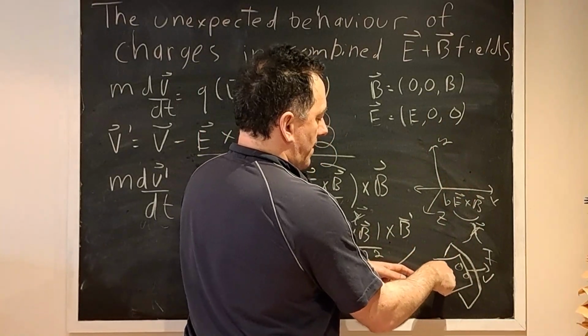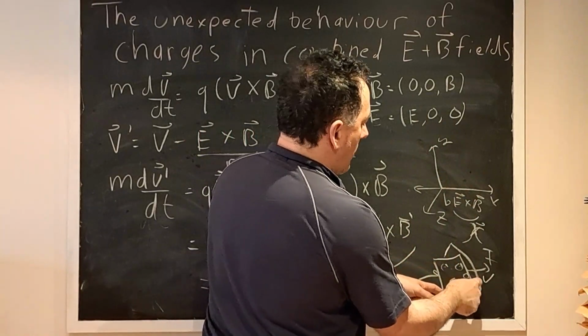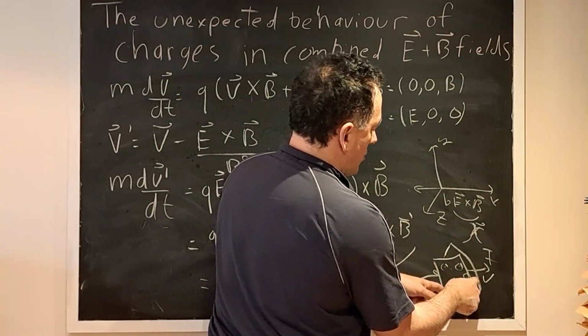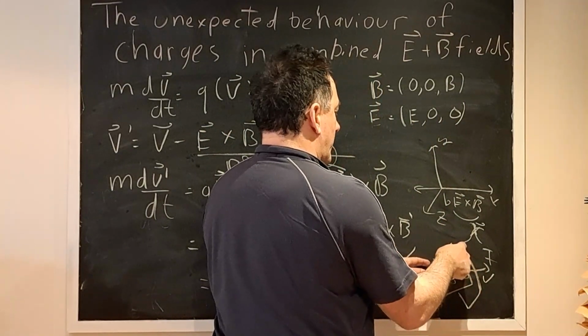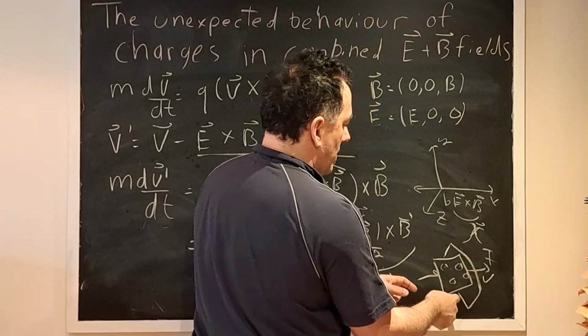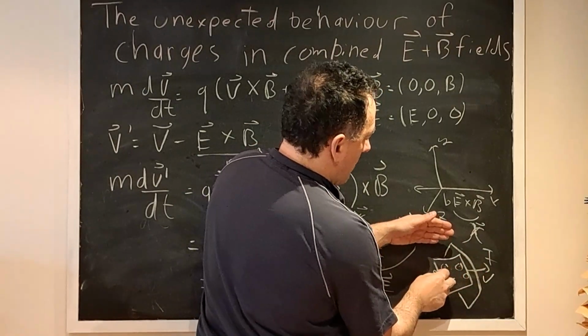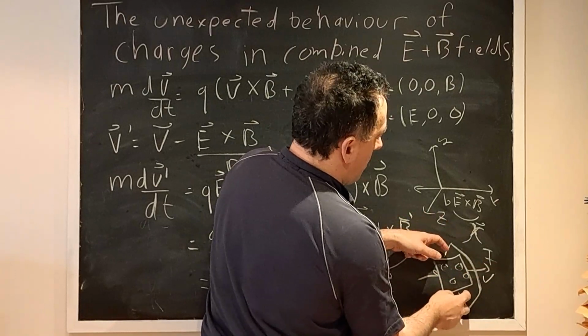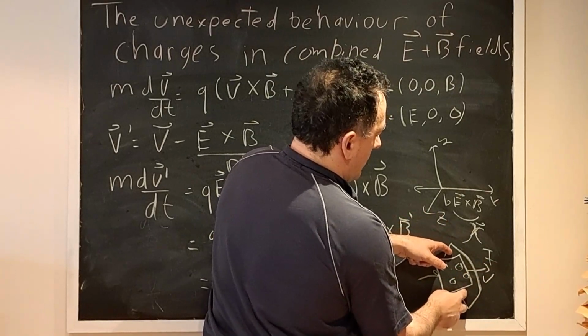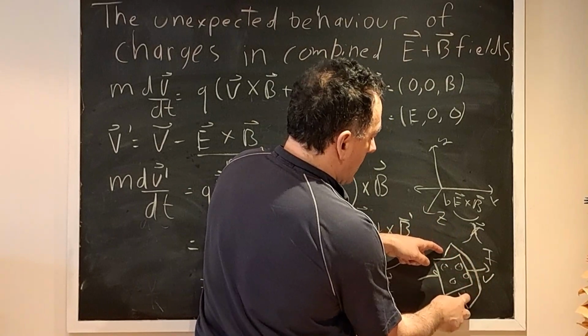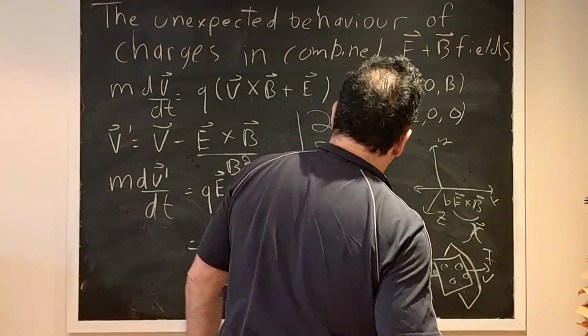They start going like this, and at some point there will be some charges accumulated here and some charges accumulated here, so positive and negative charges. They will accumulate, and at some point they will cancel this drift, if you want, and there will be a possibility for the current to go through, and this accumulation of charges here and here is what creates the Hall effect.